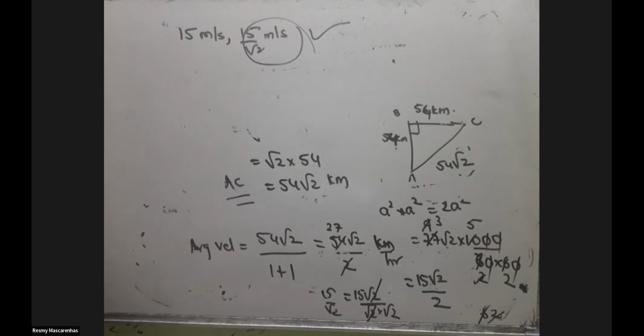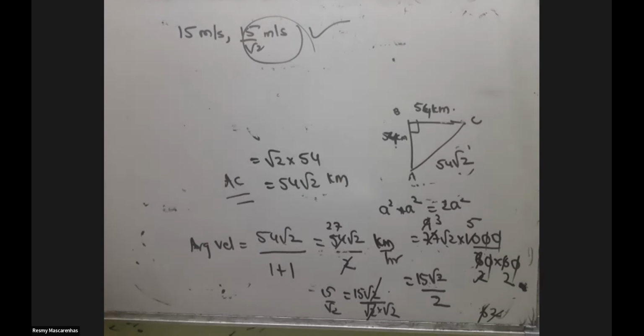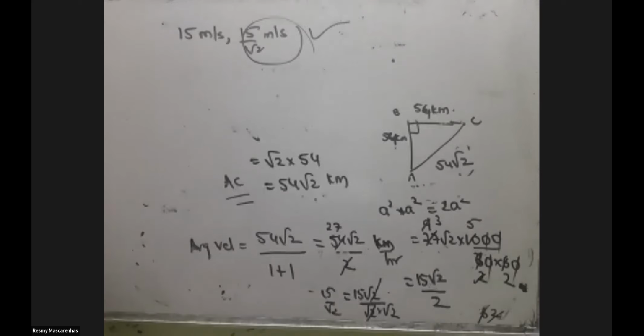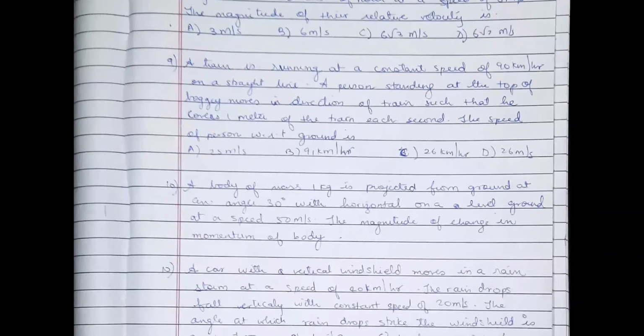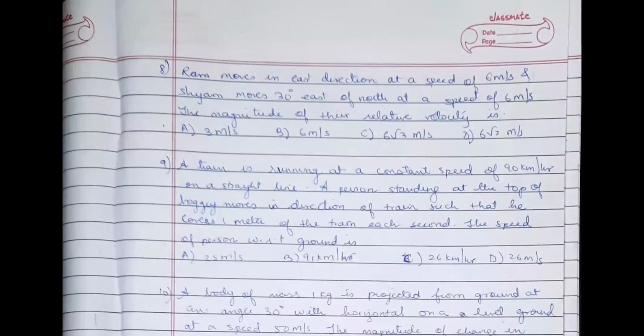Question number 8. I'll share the slide, otherwise I end up making mistakes. Ram moves in the east direction at a speed of 6 meters per second, and Sham moves 30° east of north.